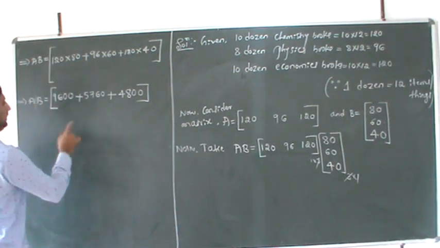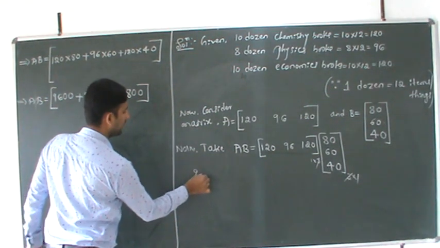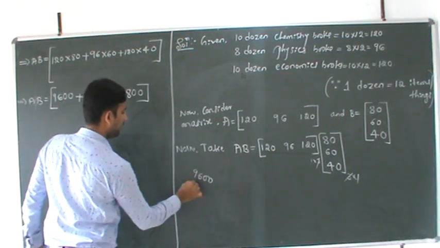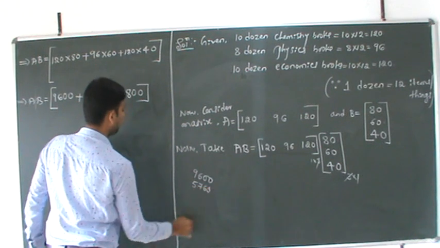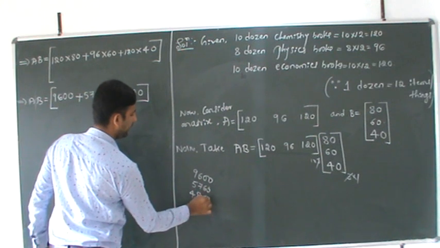After that, the answer. Correct? Just add up these values: 9600, 5760, after that 4800.